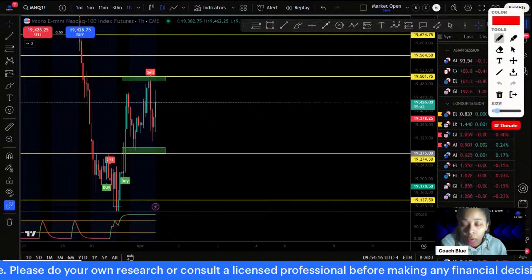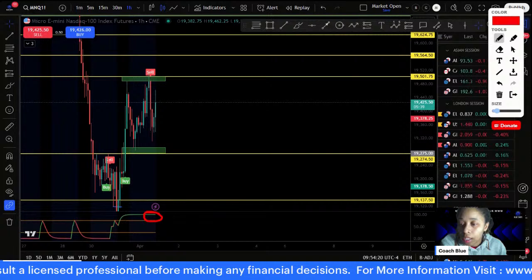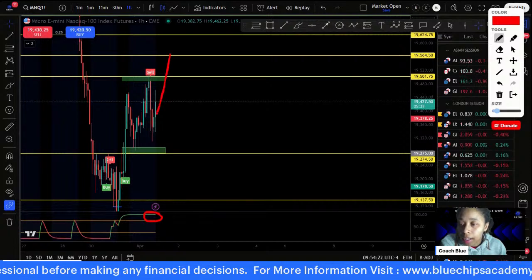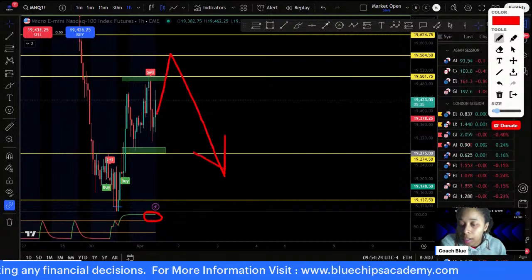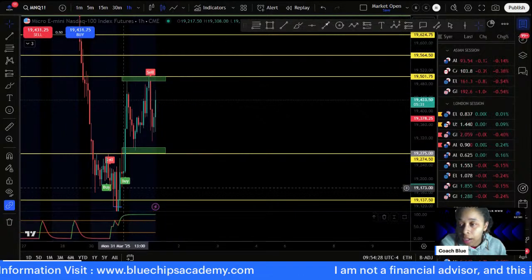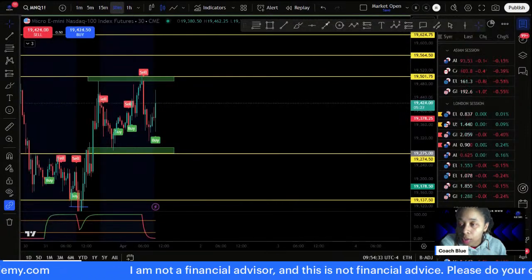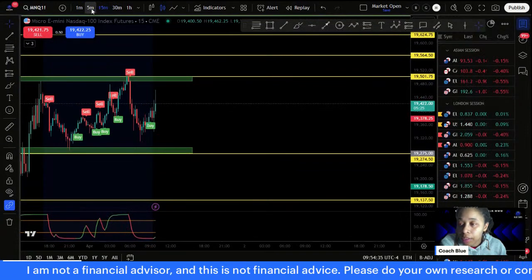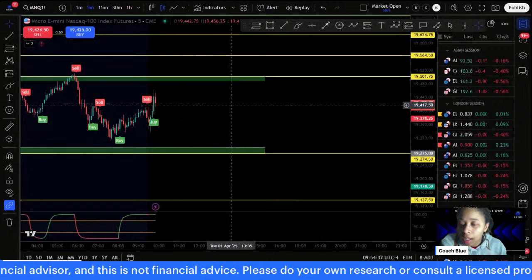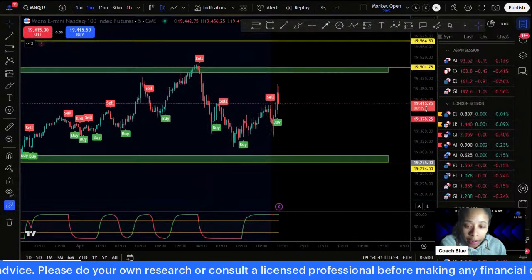On the 1 hour we are overbought. Interesting. So we could come here and then possibly come down. We don't know when price wants to correct itself, but we have to be cognizant of that when we're looking at these setups. But we are oversold on the 30-minute and the 15-minute, and we're just going to see if we can get an entry for a possible buy on that.